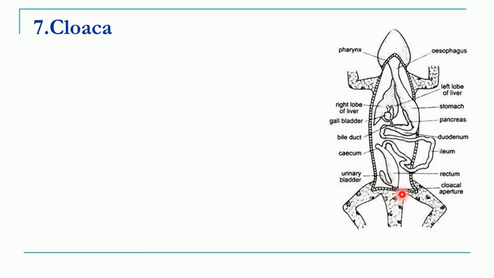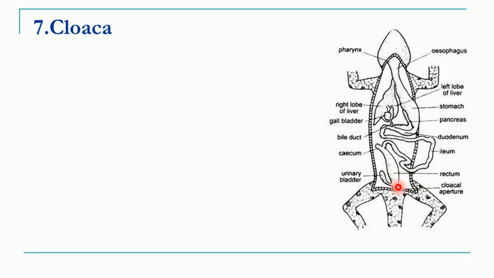So here you can see this cloaca, a small tubular terminal chamber in which open the rectum and the urogenital system. So this is like a common opening for the urinary system as well as the genital system.